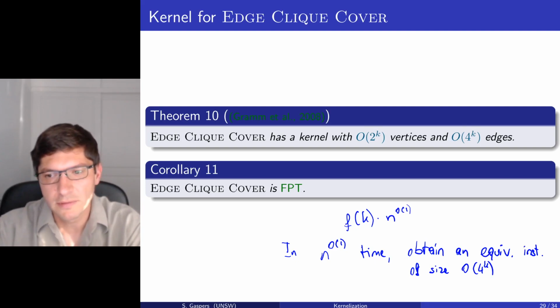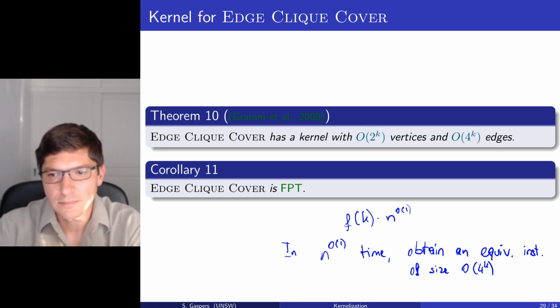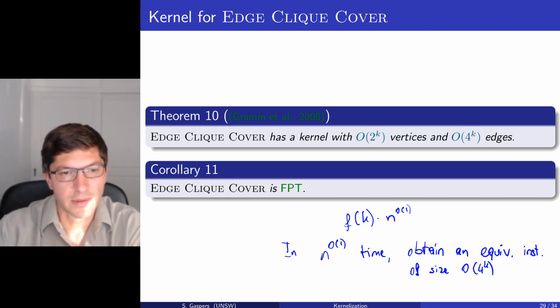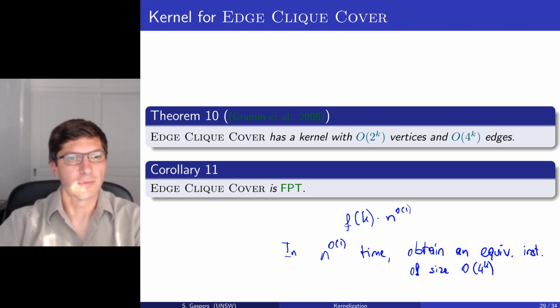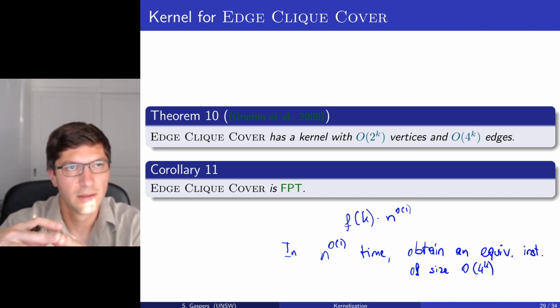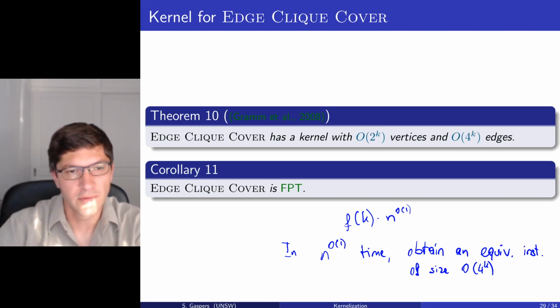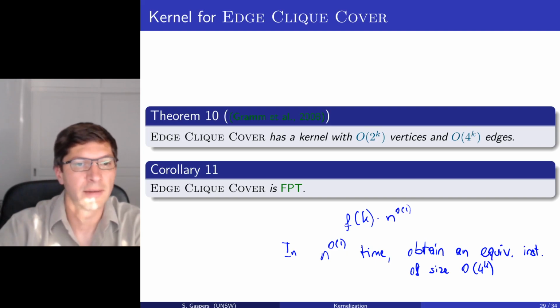So how do you solve this instance? Well, now we have a 4^k size instance. We can use any brute force algorithm that solves it. Solving it will take some time, but since the size of the instance is already bounded by a function of k, whatever algorithm we throw at it, its running time will only depend on k and not on n anymore.